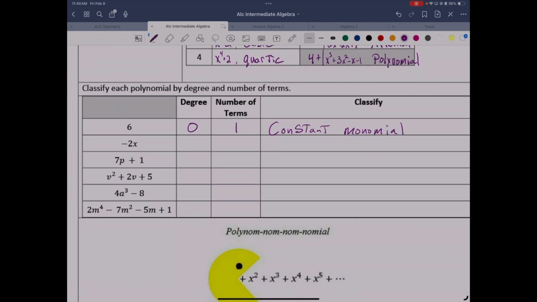Negative 2x. Negative 2x, remember that that's to the first power. So what degree is it? 1. How many terms does it have? 2. Now, that's a great example of a misconception that happens.